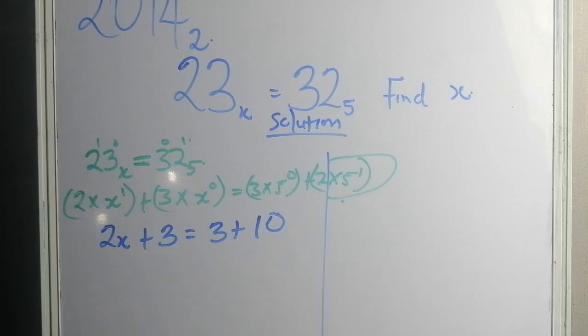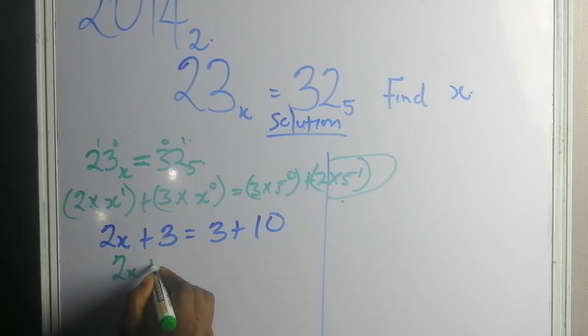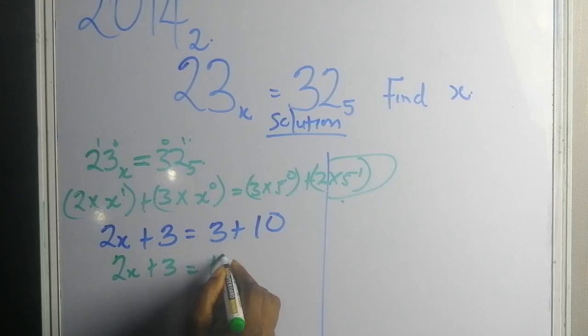We only have one value with x, which is 2x. Then take all non-x to the other side. I've told you, when plus is jumping an equal sign, moving to the right hand side or the left hand side, positive changes to negative, or negative changes to positive. In this case, 2x plus 3 equals 13.